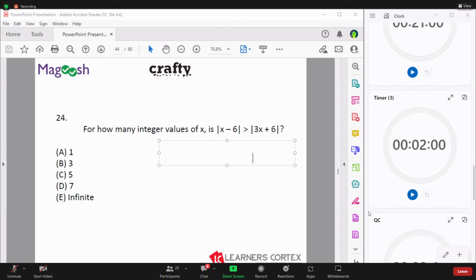Okay, so since both of the values are in mod, what we can do is square both the sides.